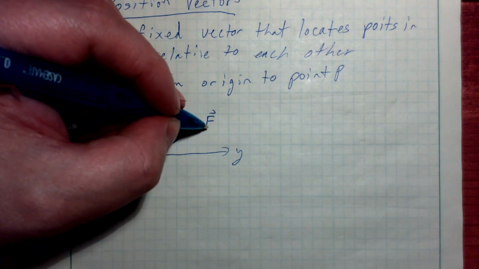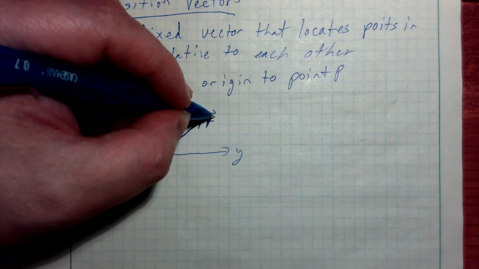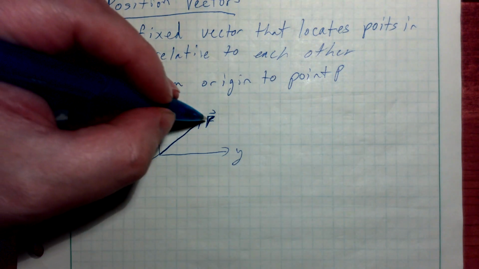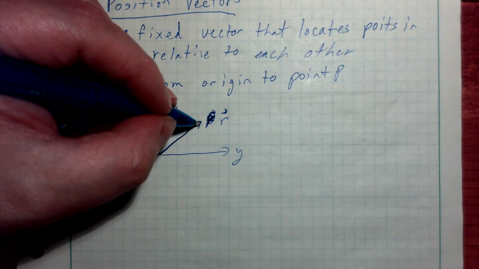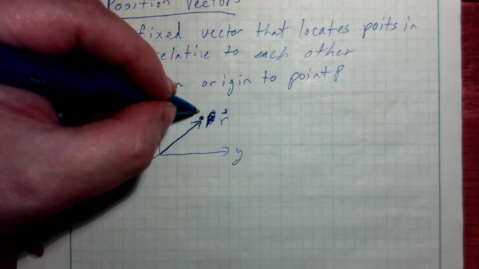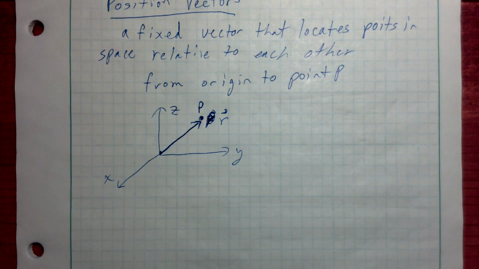We'll call it R. That's typically what we'll use. Let's call it R instead of some force vector. Some vector R, and it goes to some point P out here in space, starting from the origin.